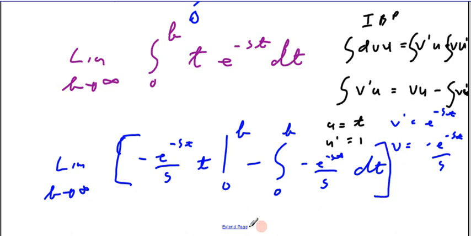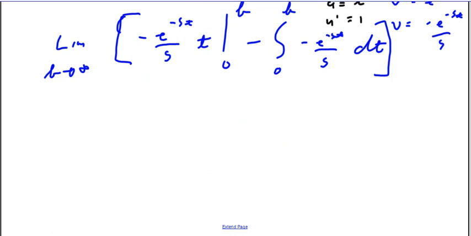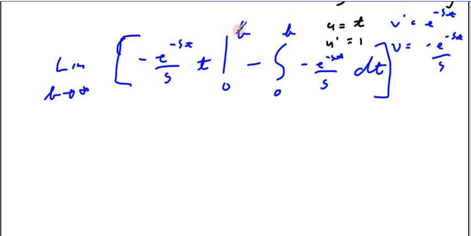Okay, well, that seems fair, I guess. I put the b in, and I go to infinity. I put the 0 in, and I get a 0. So that term drops out. This term goes away. It's going to be 0.